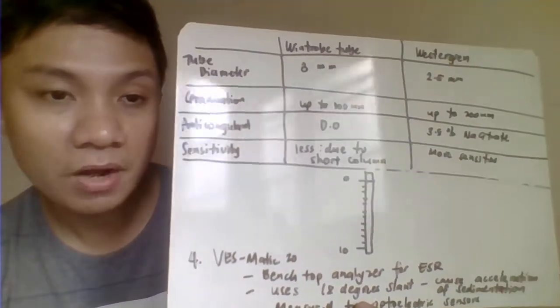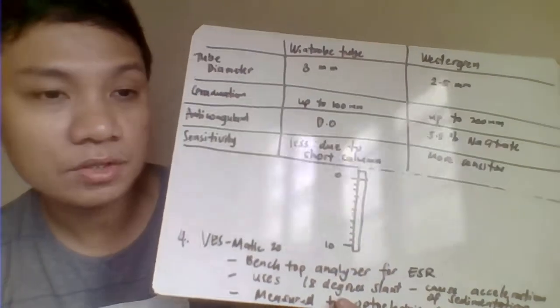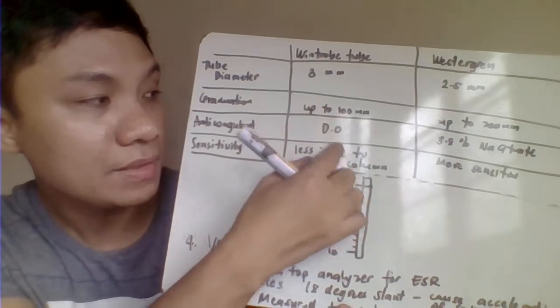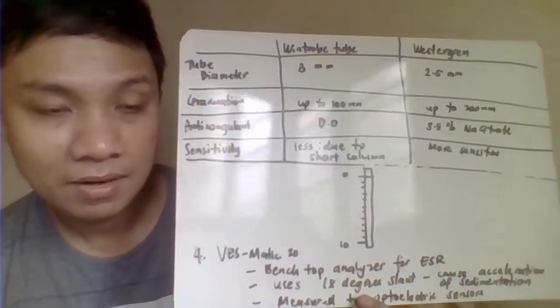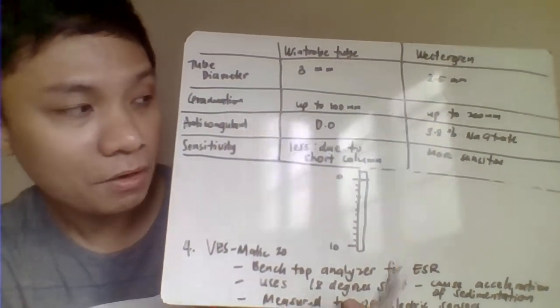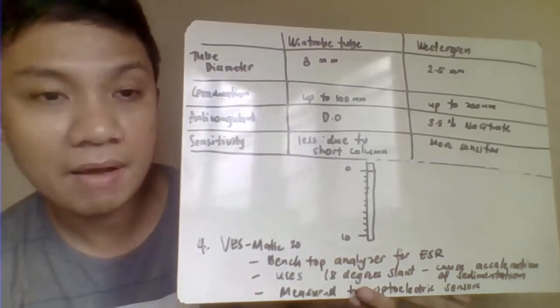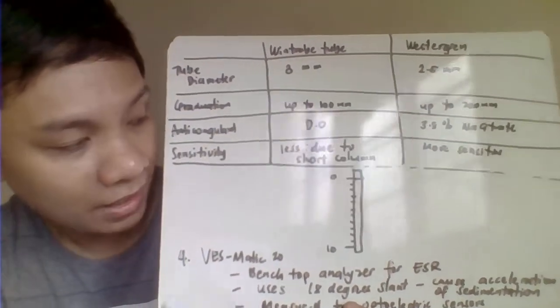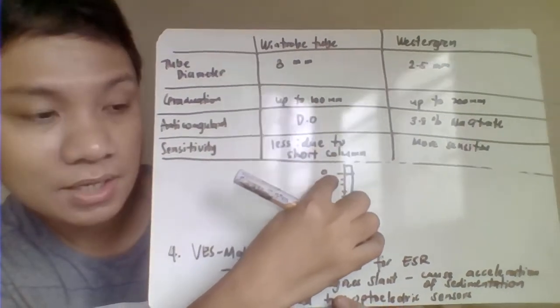The anticoagulant, oxalate versus your 3.8% sodium citrate. Sensitivity, your Winthrop tube is less sensitive because of the short column compared with your Westergren, which would be more sensitive. What do you mean by that? Like this one, up to 100 lang siya, di ba?